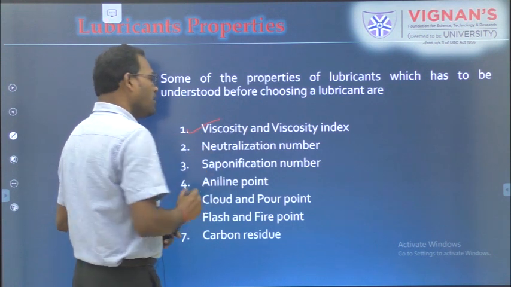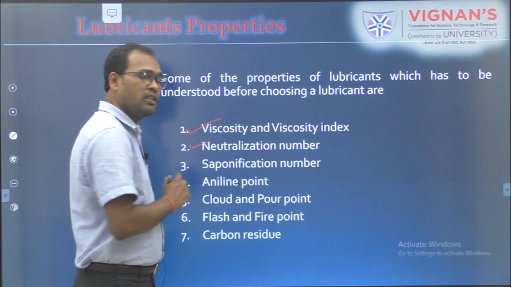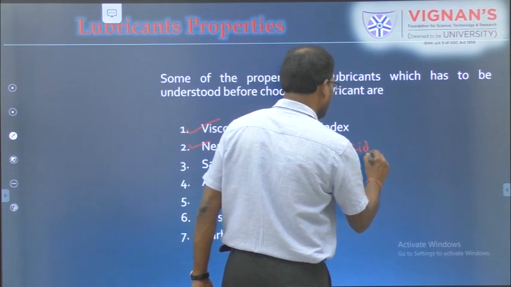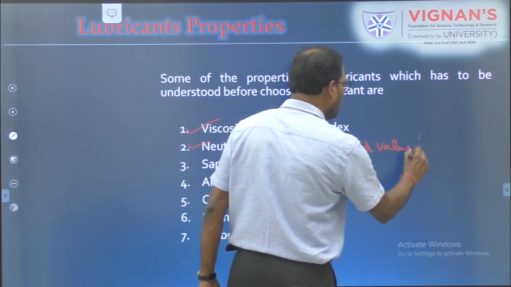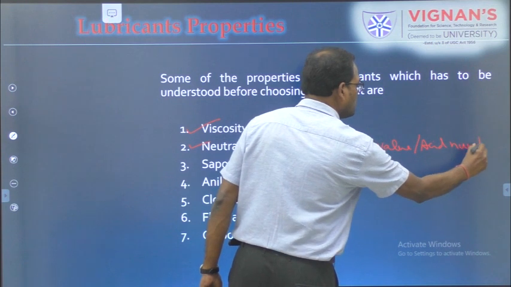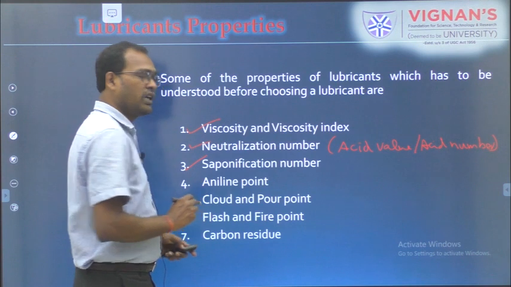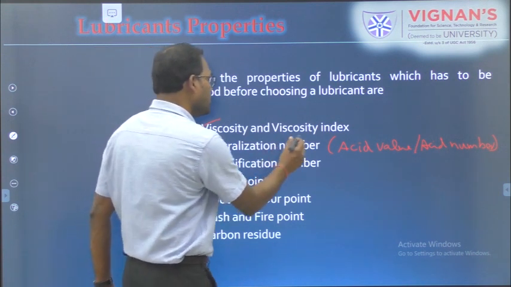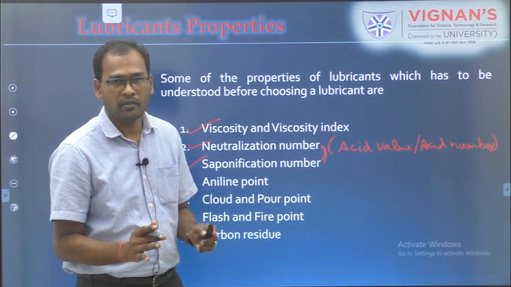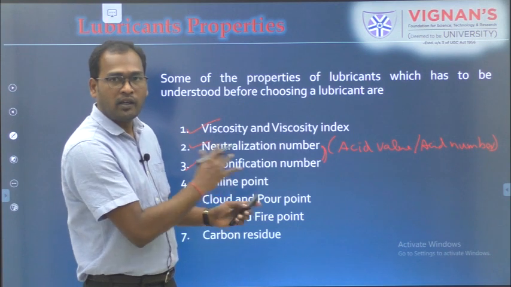The first one will be viscosity and viscosity index, then we will see the neutralization number, also called acid value or acid number. The third one is the saponification number. Neutralization and saponification numbers are more or less the same, with a small difference that we will see in the coming slides.